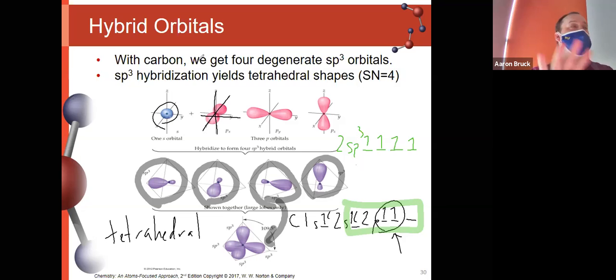Because right now, all we've done is stay within the confines of the octet rule. If I have 4 hybrid orbitals, each one carrying 2 electrons, that's 8 electrons in total. That is the very definition of the octet rule. How do I go beyond that? How do I get something like sulfur hexafluoride, which would have 6 bonds in it? Or something like what we saw with the triiodide ion, where we've got 10 electrons around that center iodine.